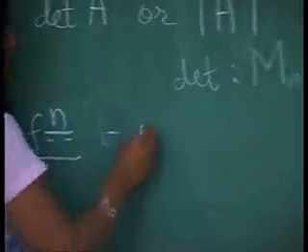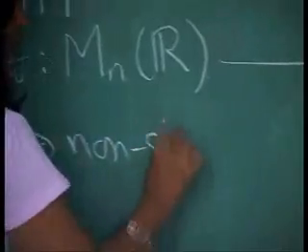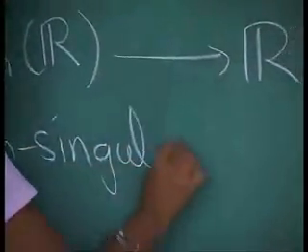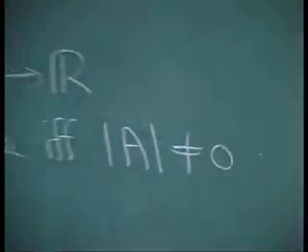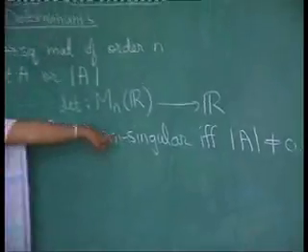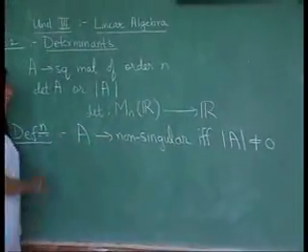A square matrix A is said to be non-singular if and only if the determinant of that matrix is not 0.